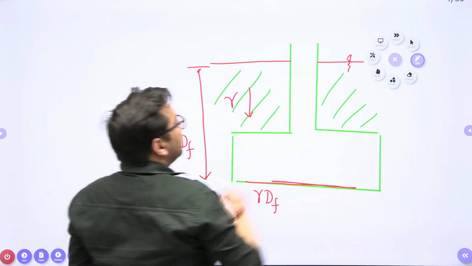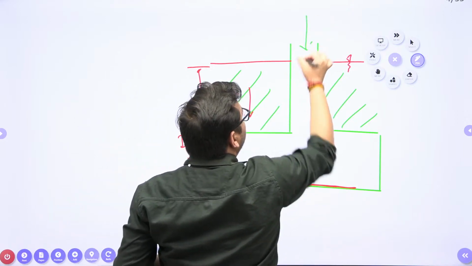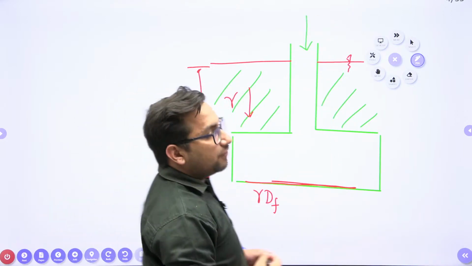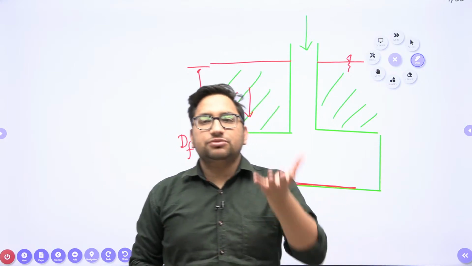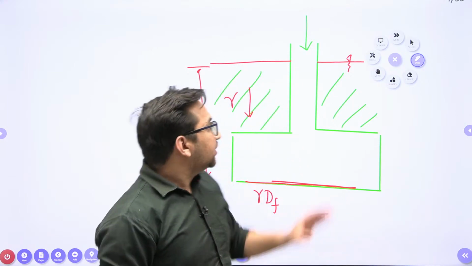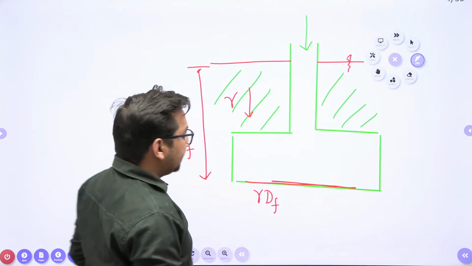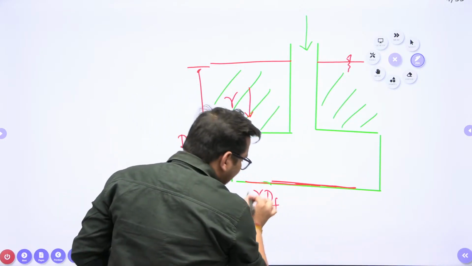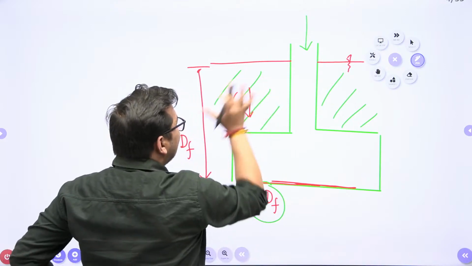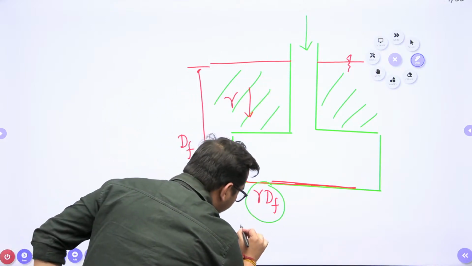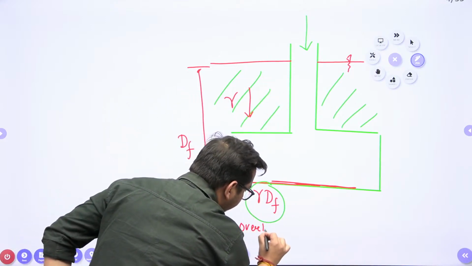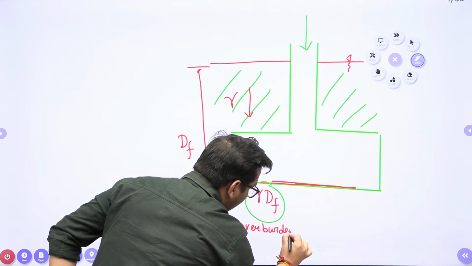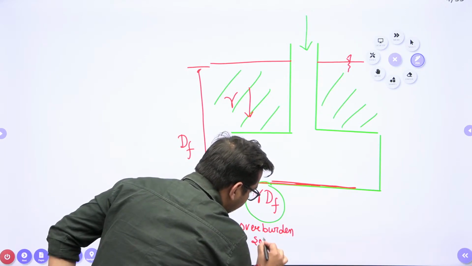Right? There may be some superstructure load as we are constructing the foundation. So obviously there will be some superstructure above that. Due to this superstructure load, there will be some stresses at this particular point. So there will be one stress due to this weight of the soil, we call it as overburden pressure, overburden soil pressure.